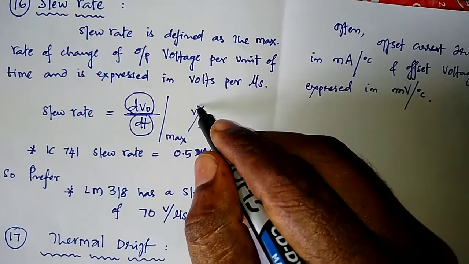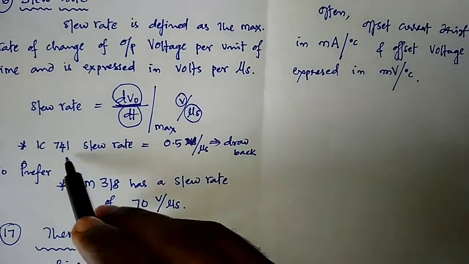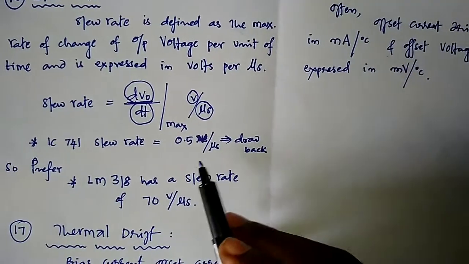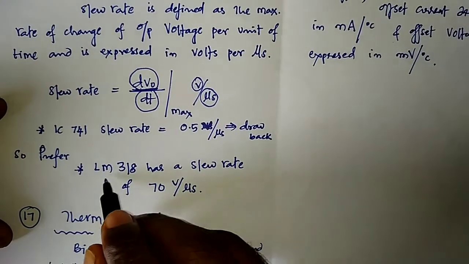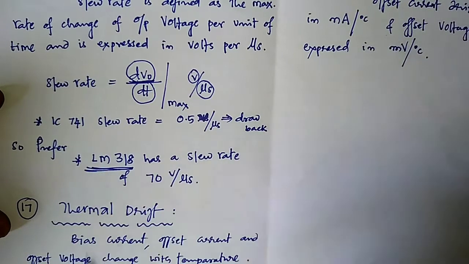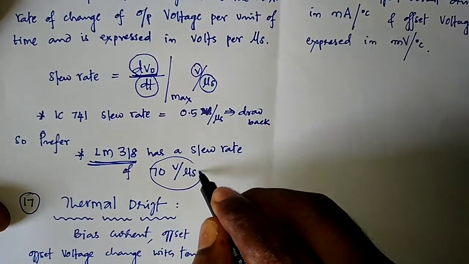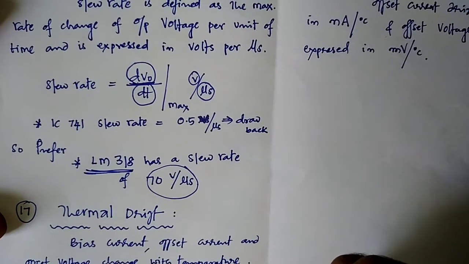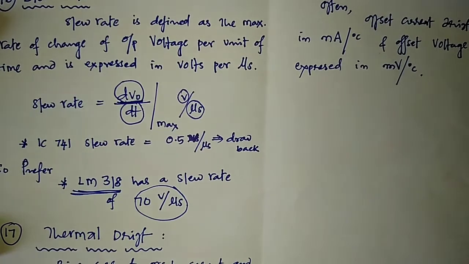The main disadvantage of the IC741 is its slew rate of 0.5 volts per microsecond. That is why, when we prefer a higher slew rate, we prefer the LM318 IC, which is 70 volts per microsecond. That is the important specification for the IC741.